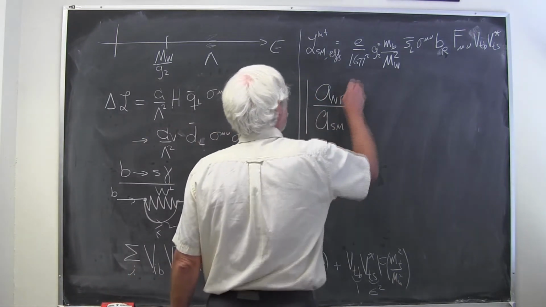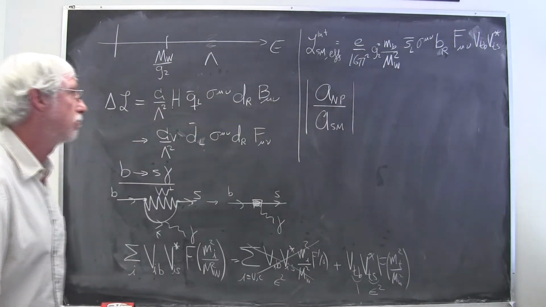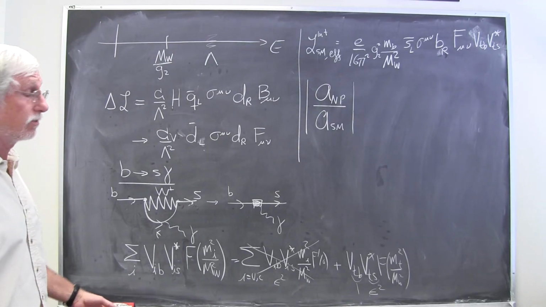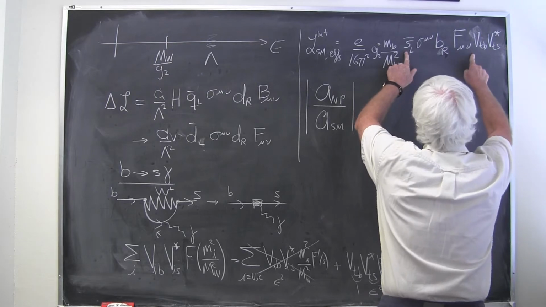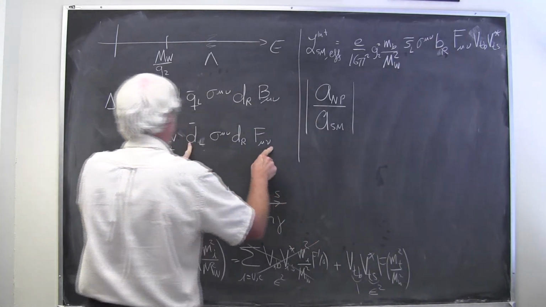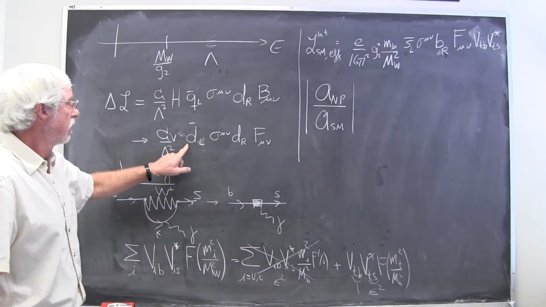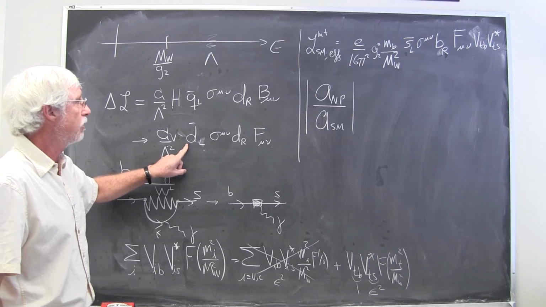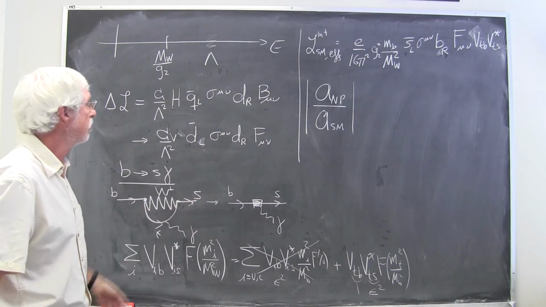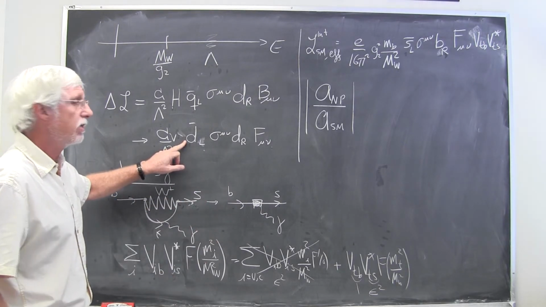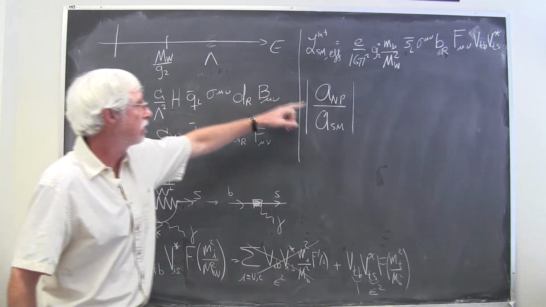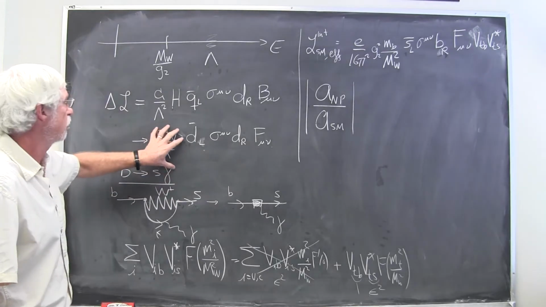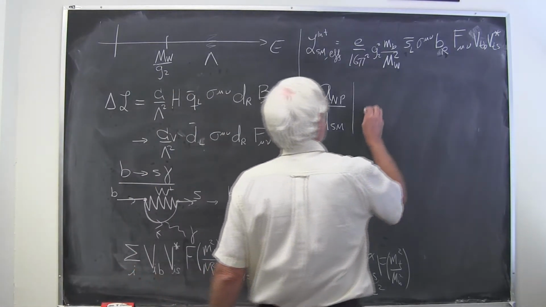So it's very easy to compare these two amplitudes, or even the rates, because the operators that we have in this effective Lagrangian are exactly the same. That means that when we compute an actual amplitude, all of the kinematic dependence will be the same in the numerator and the denominator here, and all that will remain is the ratio of the coefficients.